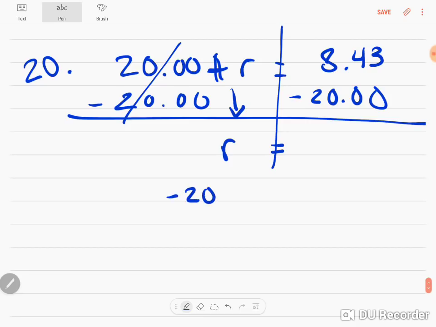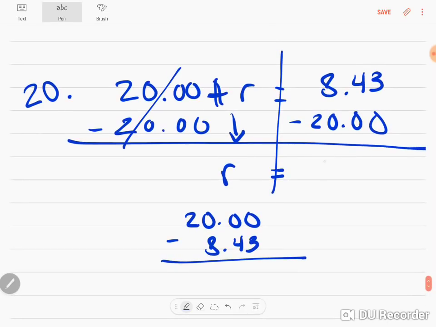So I have negative 20. We know our answer is going to be a negative number because there's more negative than positive. All right, we have a bigger deficit to cover.